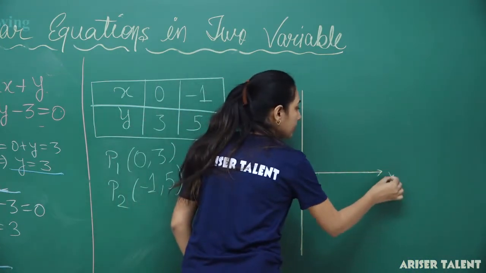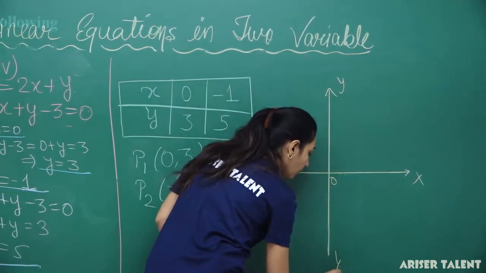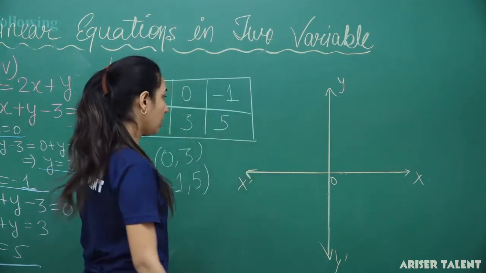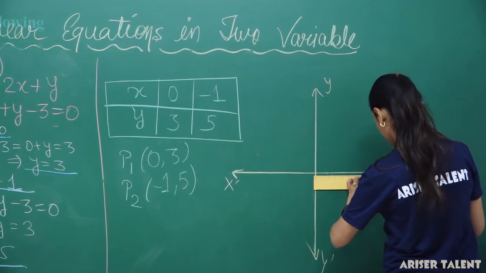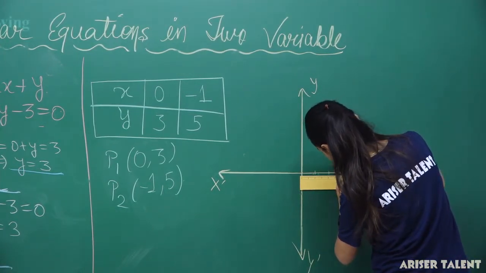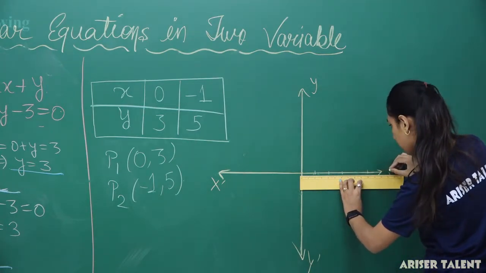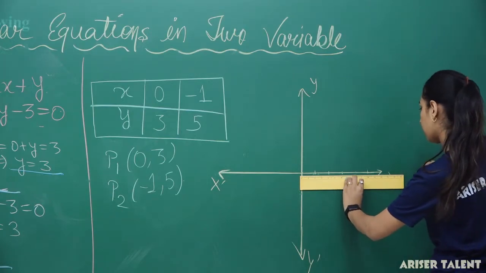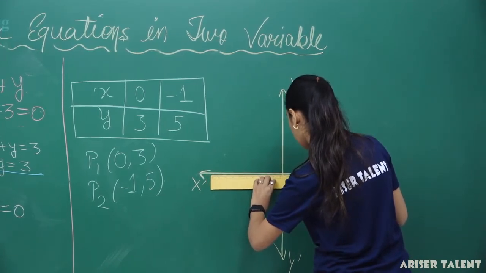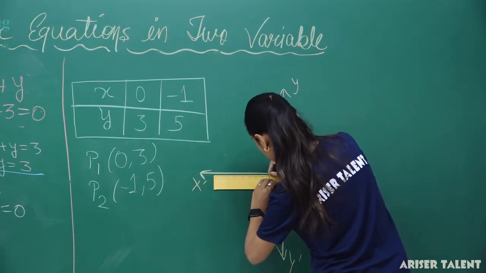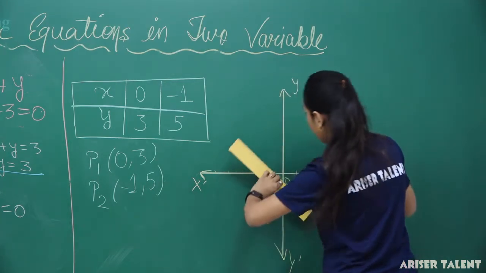Naming them as X', O, X and Y', O, Y. Now again marking things. This is 1, 2, 3 and 4. Right, here again the same: first, second, then third, fourth and fifth.